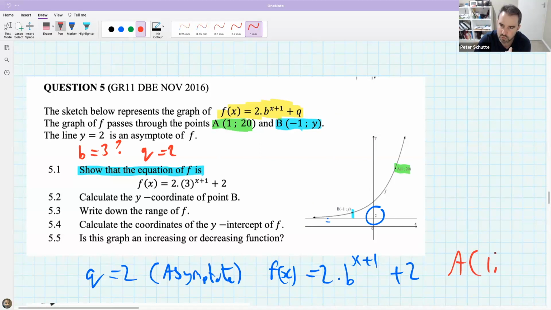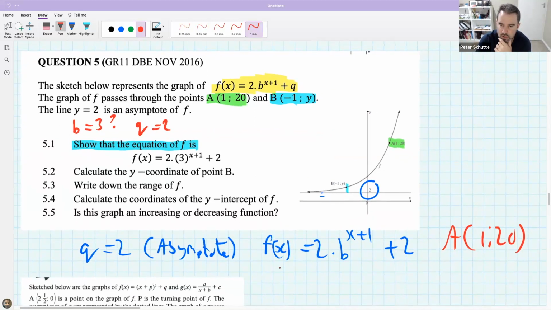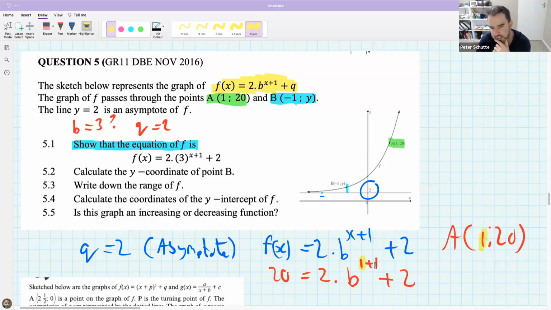Well, they give you that A is (1, 20). So I'm going to put a 20 here. The b stays what it is. That's going to be a 1, and then plus 2. And so what I've done is I've essentially put that 1 over here. And now I need to solve that equation for b.